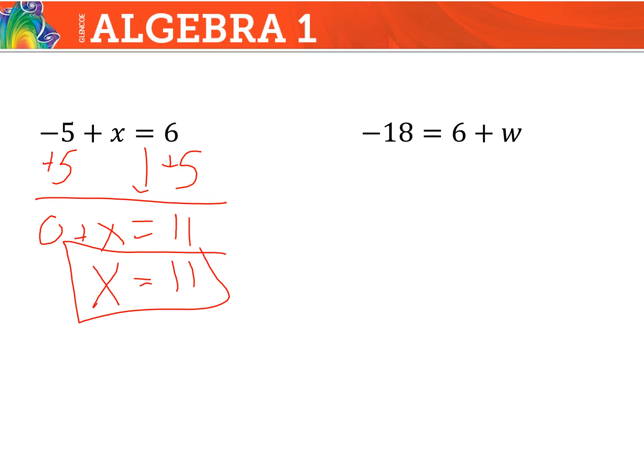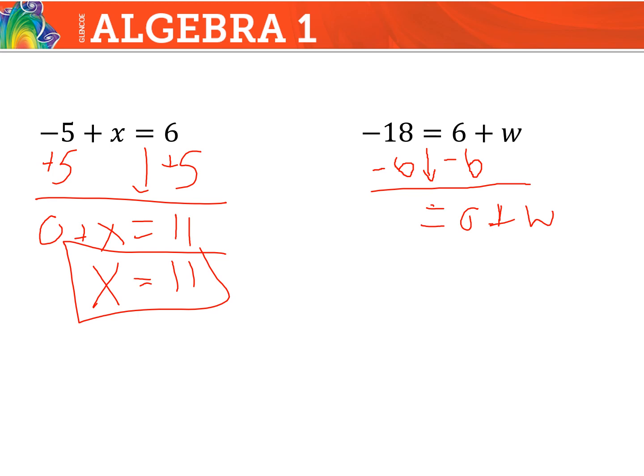So over here, if I'm looking at this, 6 is positive, and so is w. So in this situation, I still subtract 6 because 6 was positive. To change it, I need to subtract it. So on my left-hand side, where I see that w, I am left with just 0 plus w.